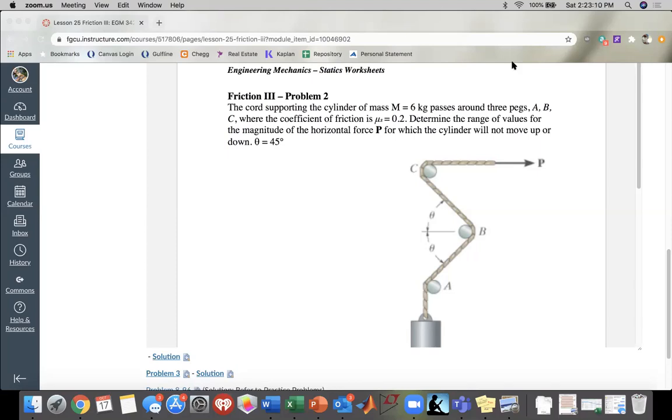You're also in charge of deciding what beta is based on the drawing, right? And in this problem, the beta part is a little bit more complicated. So let's start with the T thing, like which tension is the one that we are calling T1.